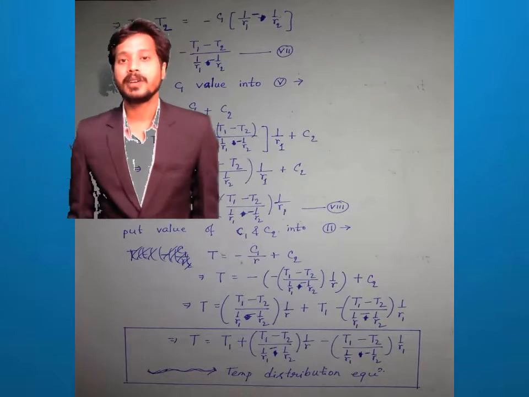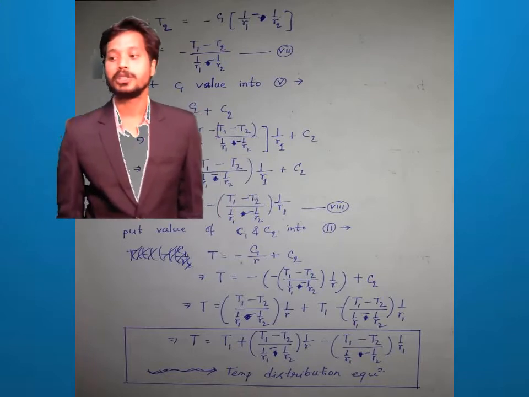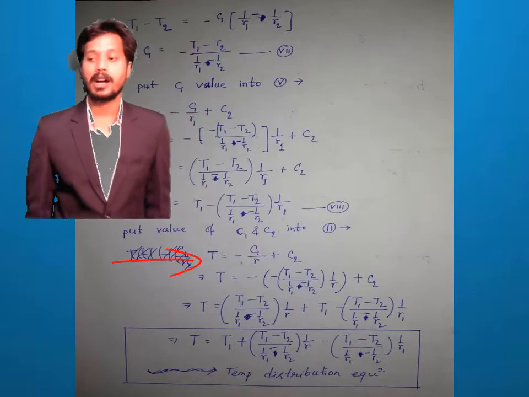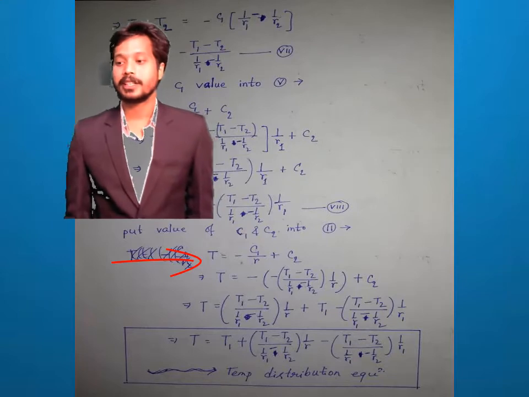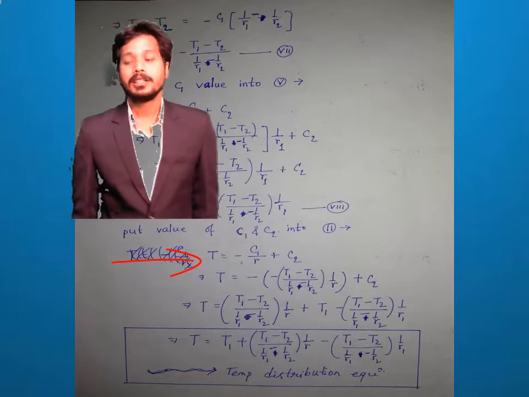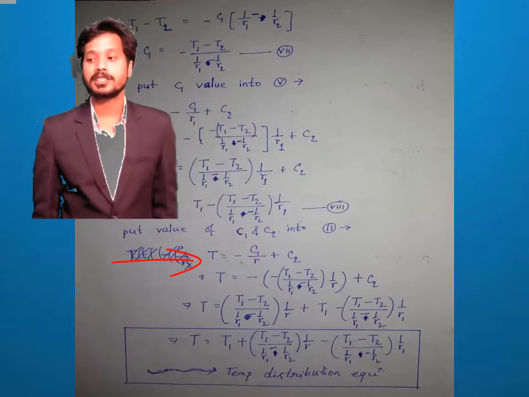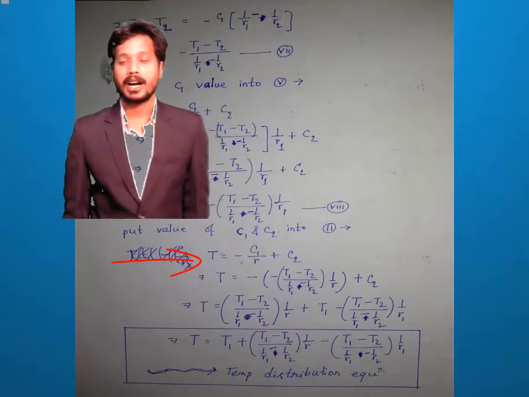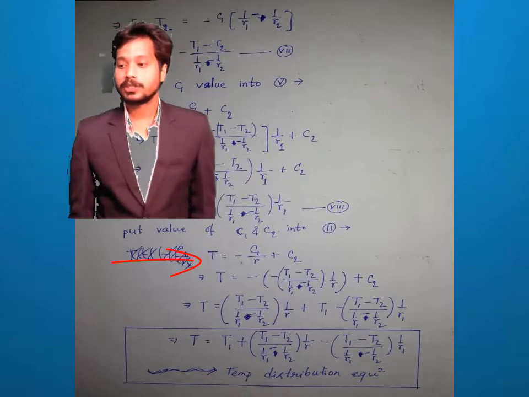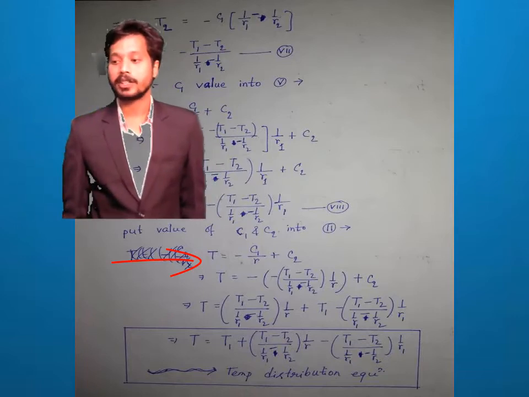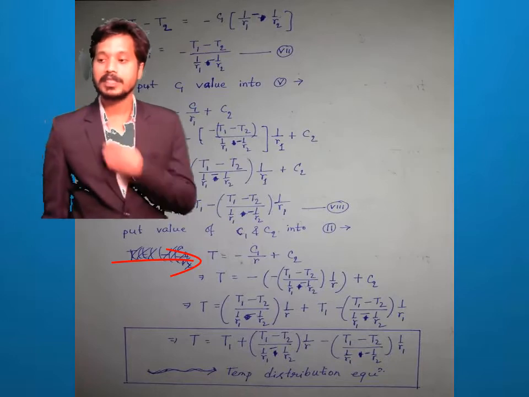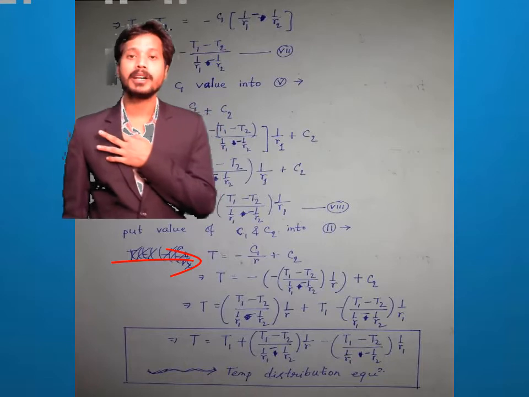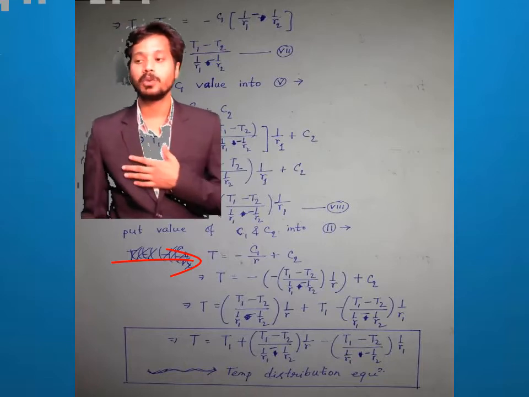So now we put the value of C1 and C2 in equation number 2 and we rewrite the equation T equals minus C1 by R plus C2. So we get here T equals minus (minus (T1 minus T2) by (1/R1 minus 1/R2)) into 1/R plus C2. The value of C2 I already got here: T1 minus ((T1 minus T2) by (1/R1 minus 1/R2)) into 1/R1.